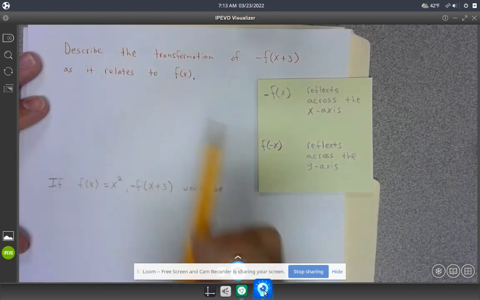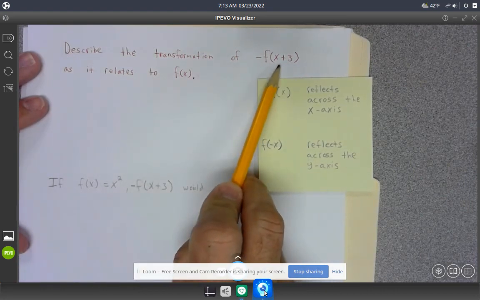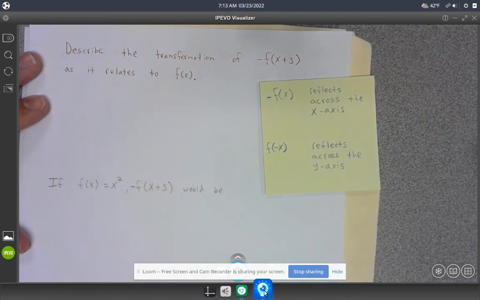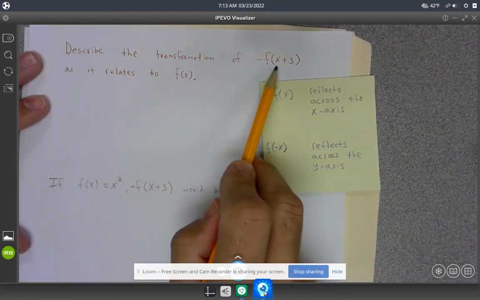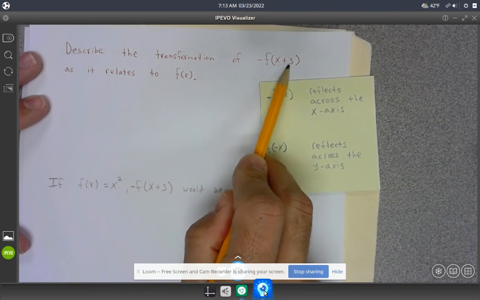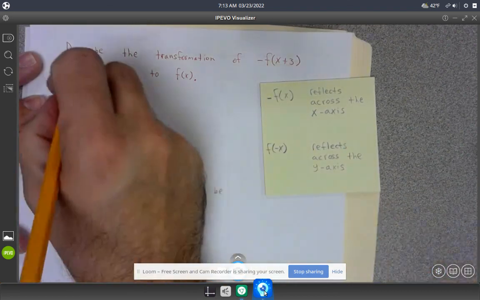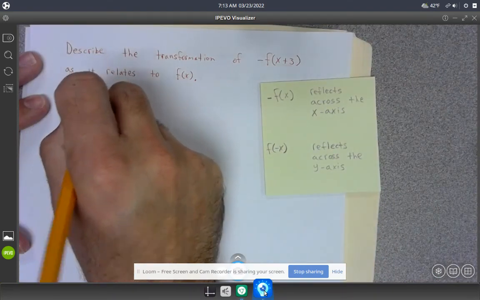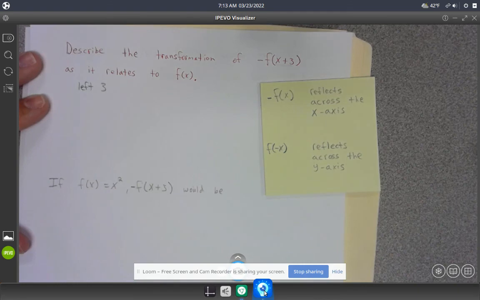Describe the transformation of negative f of x plus 3 as it relates to the original function, f of x. Well, this part's pretty straightforward. Because they're adding 3 on the inside, that's going to move it to the left 3. So that's one thing that's happening. It's being translated left 3.